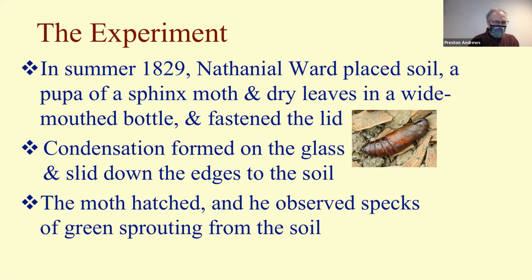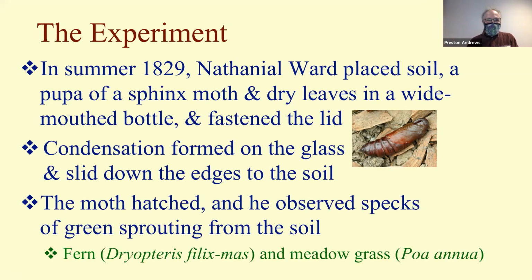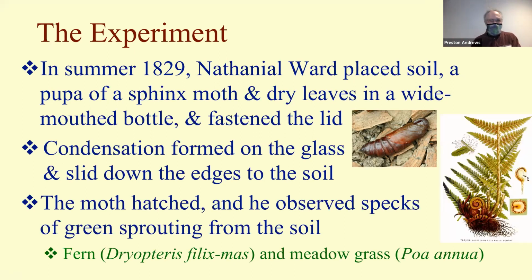He removed the moth from the jar, resealed the bottle, and placed it on the north-facing window in his study. The plants that grew were a fern, Dryopteris filix-mas, moss, and meadowgrass. The plants lived untouched in that bottle for 3 years, without any watering or anything like that.